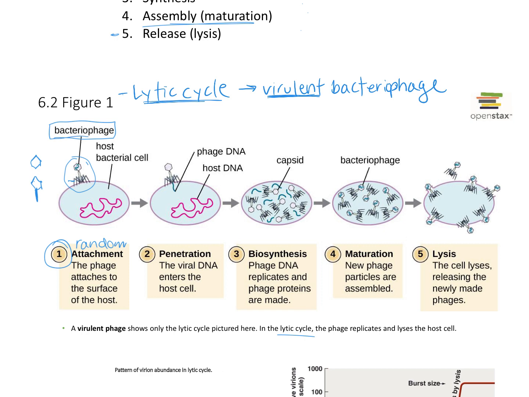And we do know that bacteriophage can be very specific. They may only be able to infect one species of bacteria, for instance. So they just randomly happen to find the right kind of cell that they're able to infect. There are receptors, again, on these tail fibers for that specific cell.